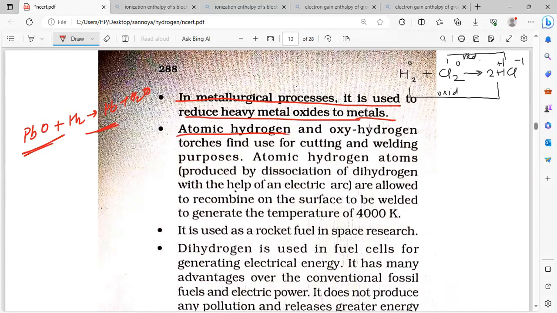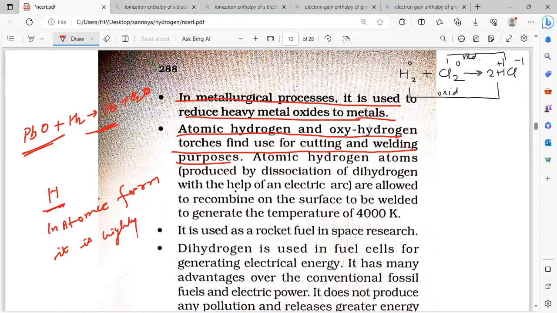Atomic hydrogen and oxyhydrogen torches find use in cutting and welding purposes. See, this is atomic hydrogen, the H atom. In atomic form it is most reactive, highly reactive.